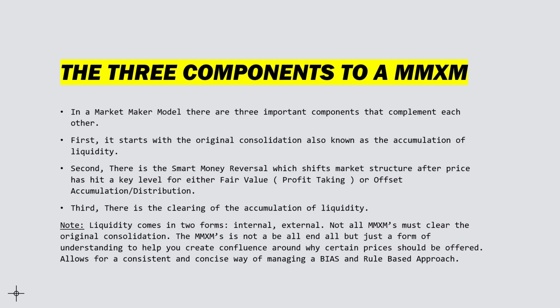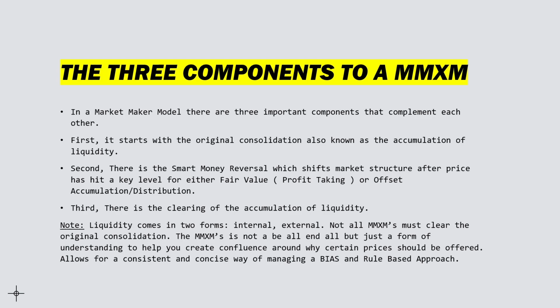Second, there is a smart money reversal, which shifts market structure after price has hit a key level for either fair value, which could be profit taking, or equilibrium, or an offset of accumulation or distribution. Third, there is the clearing of the accumulation of liquidity.